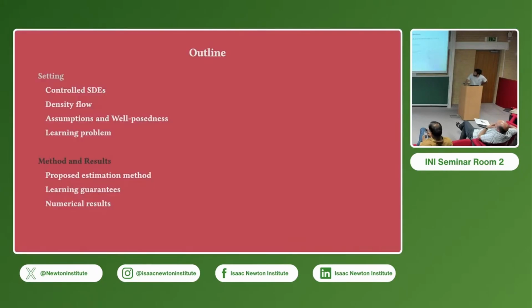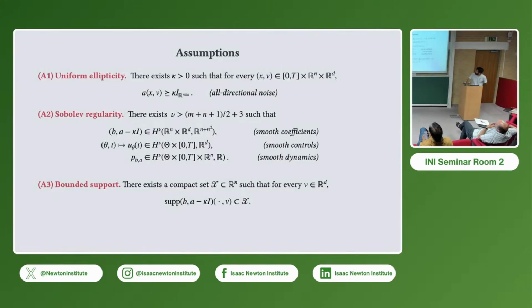Okay, so now I will present the methods we proposed. I add some assumptions for learning. It's the same set of assumptions but augmented. Here I assume that the density flow is smooth, and the coefficients are smooth, as I said already.